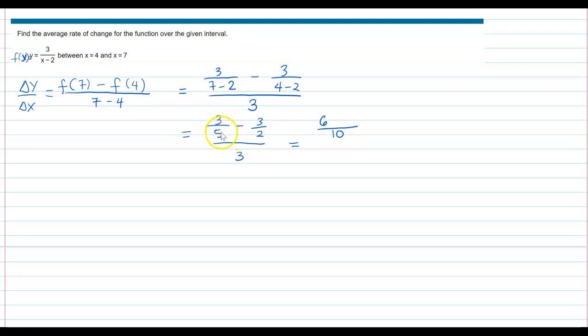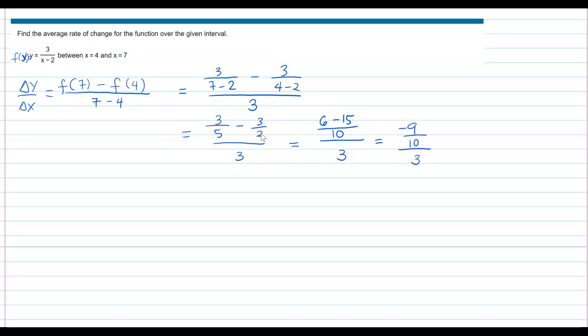So that is 6 over 10, and then here you would multiply both numerator and denominator by 5. So you have 15. So minus 15 over 10 divided by 3. So this is equal to negative 9 over 10 over 3.